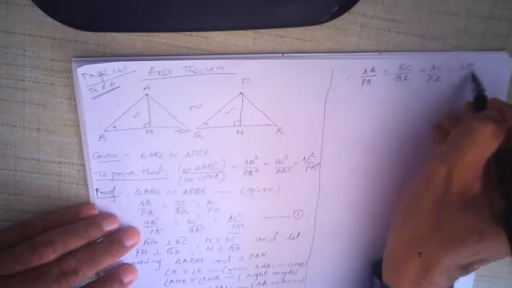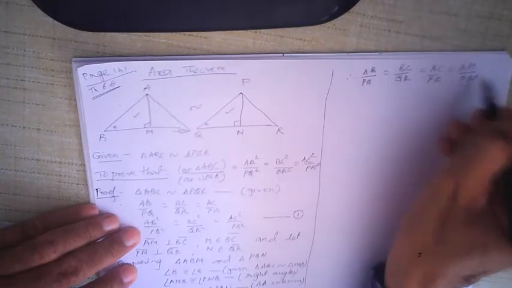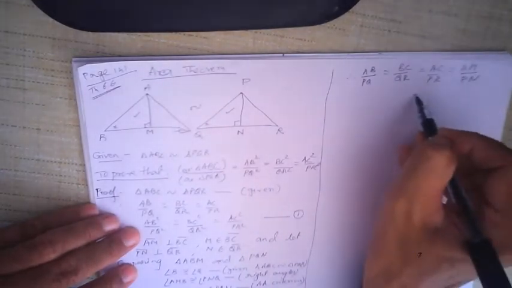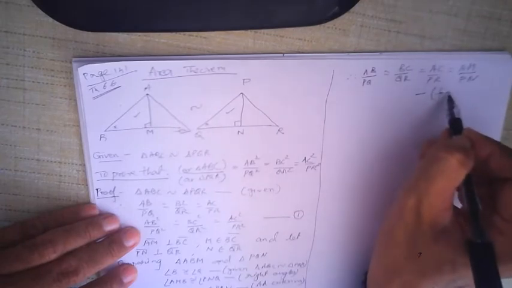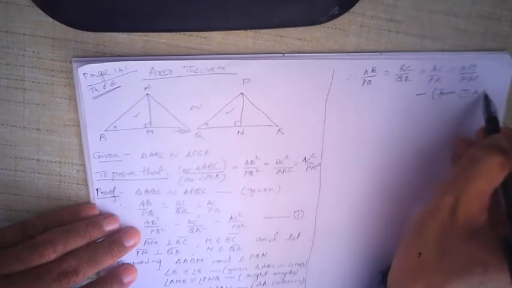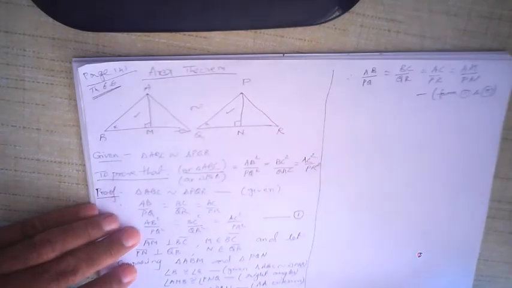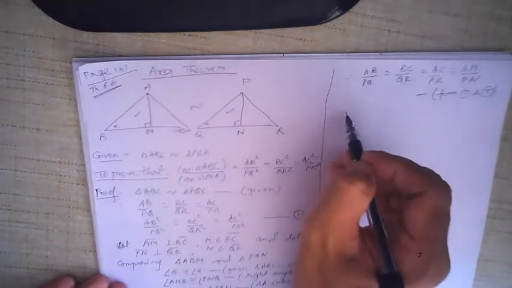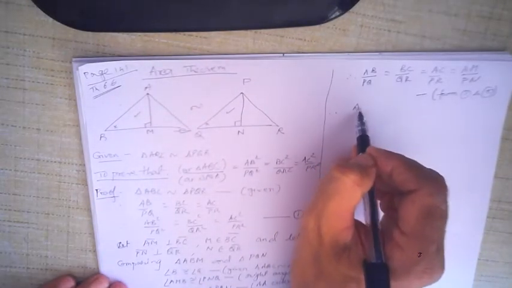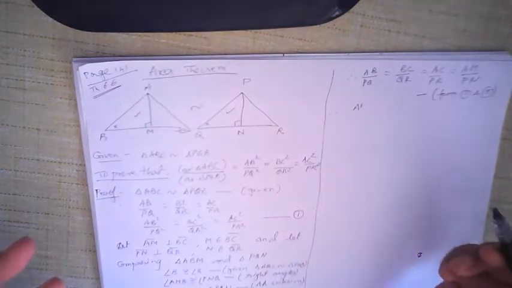Alright, how do we get it? From result number 1 and result number 2, they are equal. Or you can also say that AB square, now just keep it as it is, there is no need to change it.